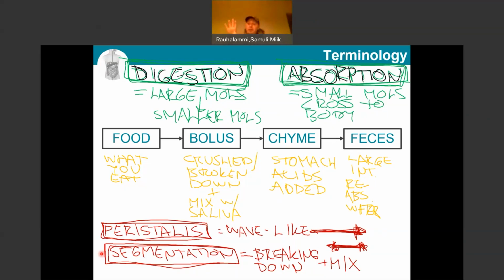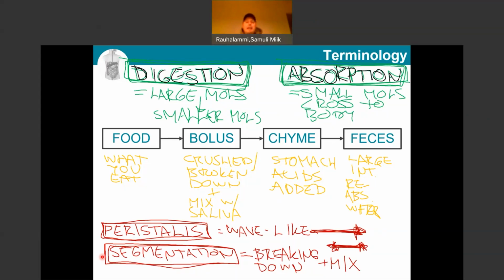And most importantly, as you contract, a little material moves away, and then as it relaxes, it moves back. So you're getting a little bit of mixing immediately around the part where the contraction happens. But overall, there's not going to be a net movement of the material. It's simply mixing and breaking down that we're seeing taking place in segmentation.